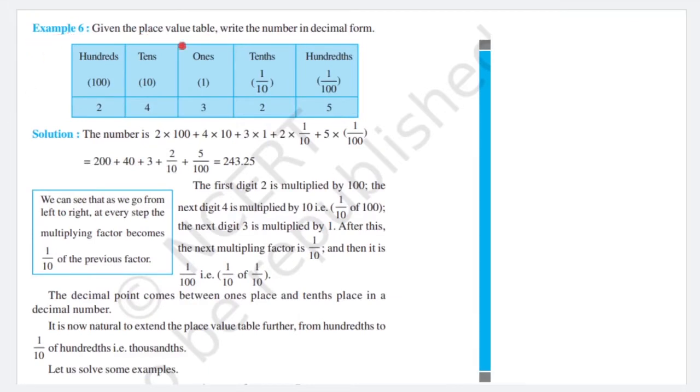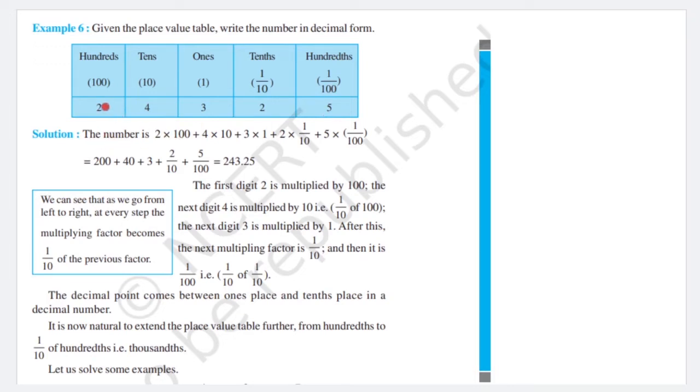Example 6. Given the place value table, write the number in the decimal form. See, you have been given the place value table. In hundreds you have 2, tens you have 4, ones you have 3, tenths 2, hundredths 5. So how will you write this? The solution is given here.